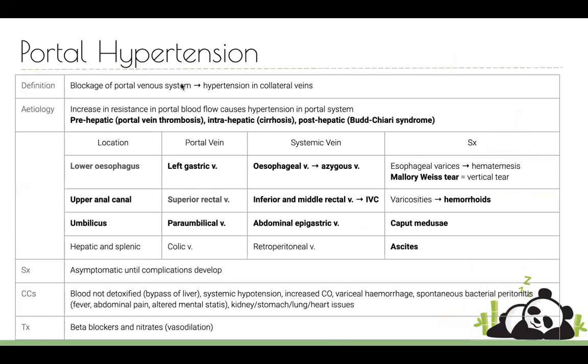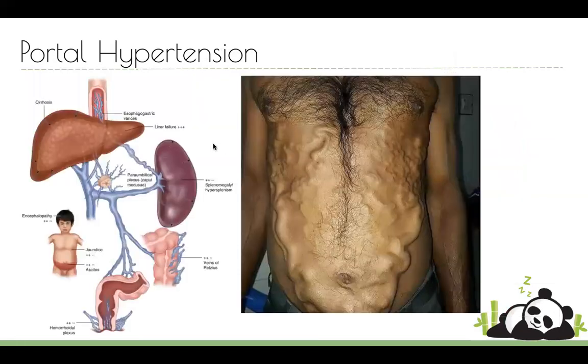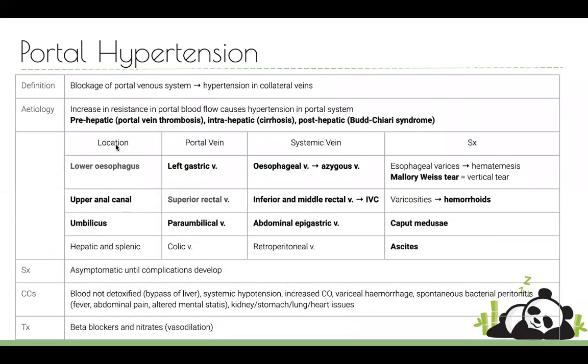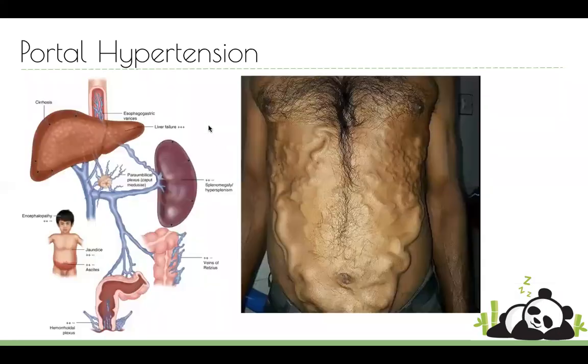Portal hypertension. So remember our portal system here, basically draining things from our GI tract straight to the liver first, where everything is moderated before sending it back to our systemic circulation. The causes can be sorted into 3 areas again: prehepatic, intrahepatic, and posthepatic. Prehepatic will be portal vein thrombosis.